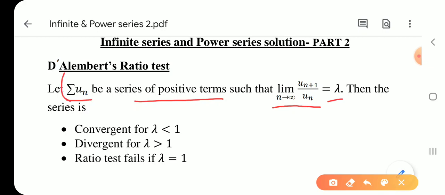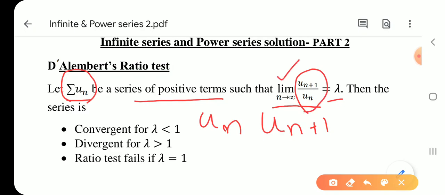If a series sigma un is given, we have to write the nth term of the series and represent the nth term by un. After that, we have to write the n plus 1th term. That is, one is the nth term and the n plus 1th term we have to write. Then divide it to find un plus 1 by un.